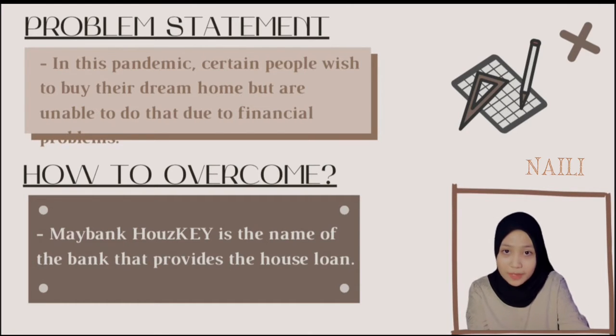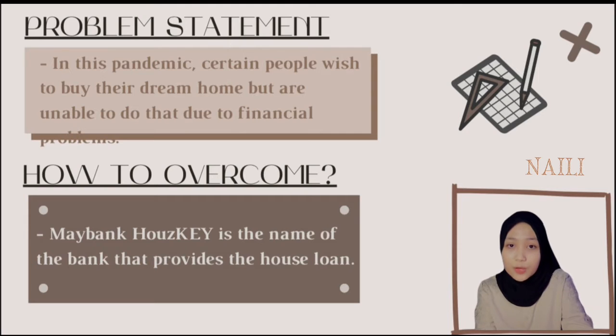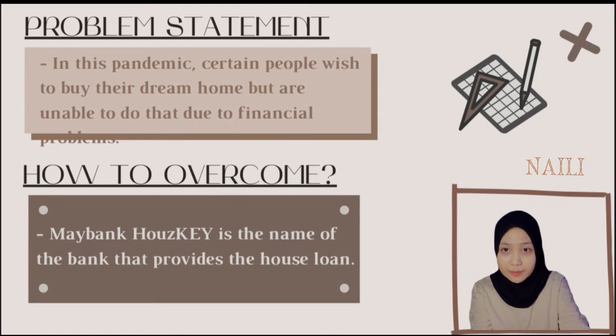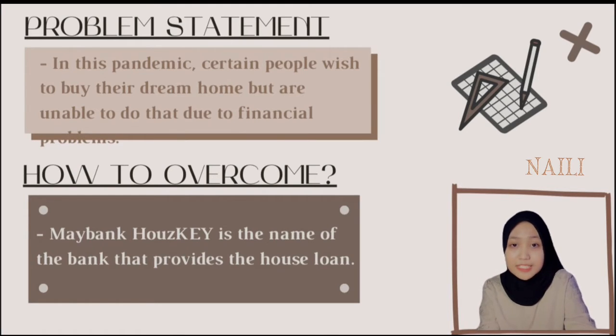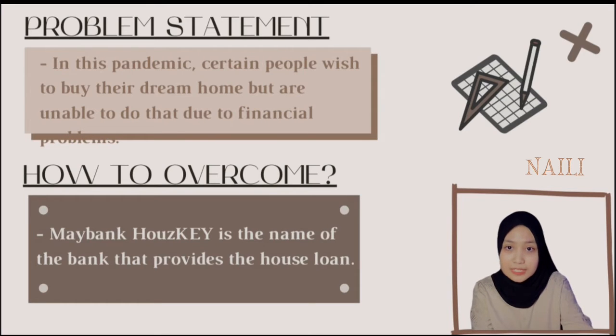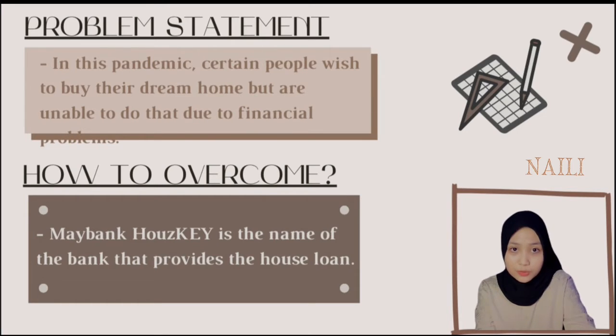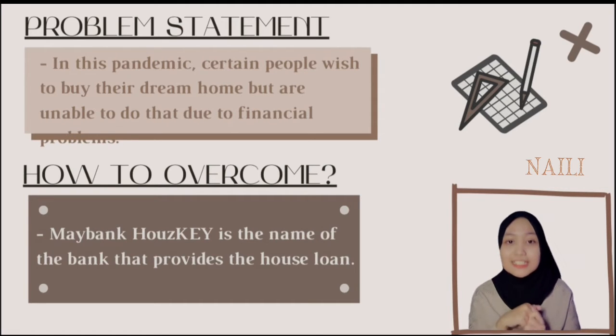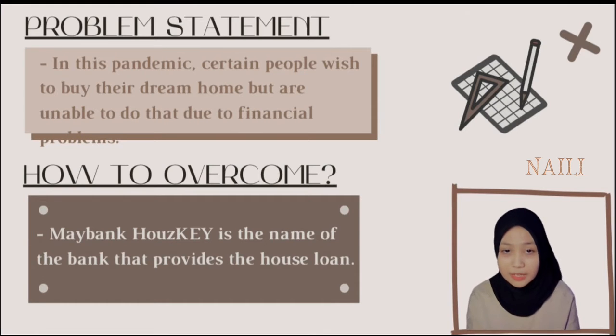So, what is Maybank Howski? Maybank Howski is a home ownership financing solution offered by Maybank Islamic to help Malaysians purchase their dream home. It is a revolutionary new method to own a house. It gives you more flexibility and cash flow efficiency, and it is specifically meant to help those who want to be householders but cannot because of the large initial costs. This financing option is available for new launch, under construction, and completed properties provided by their partnership developers.